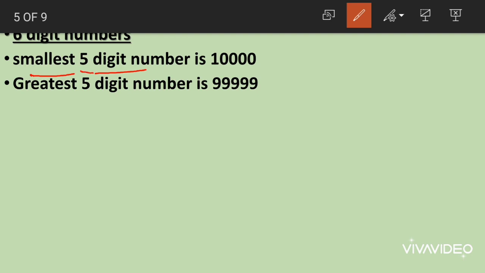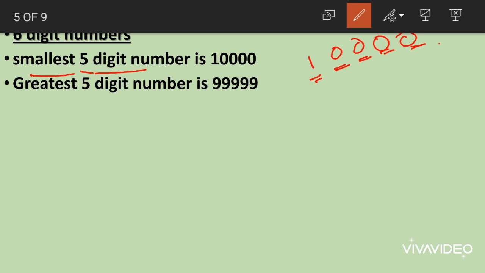Now here they are asking the smallest 5-digit number, so make places for a 5-digit number. It has 5 digits, right? So I have made 5 places. We should write 1 in the first place and then write zeros in the remaining places. This will give us the smallest 5-digit number.